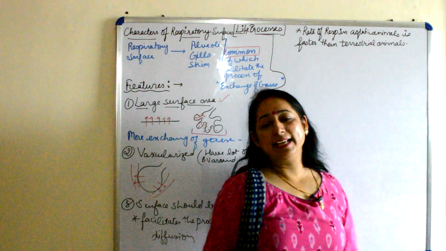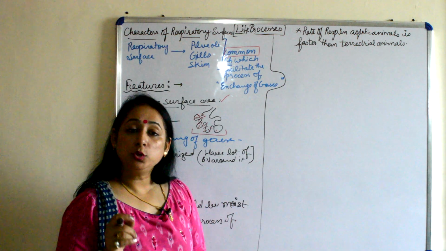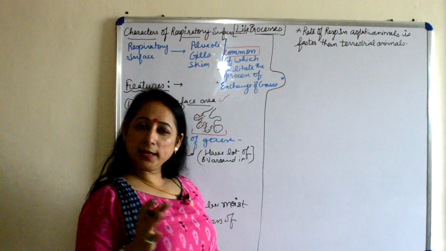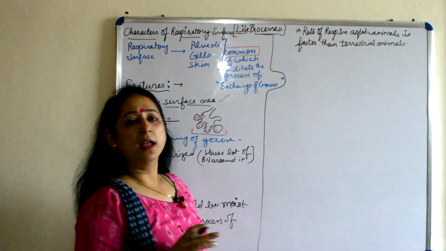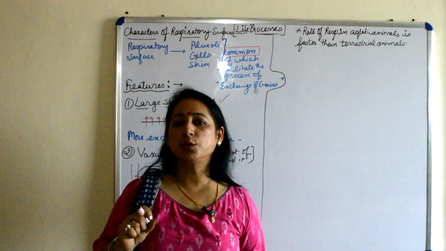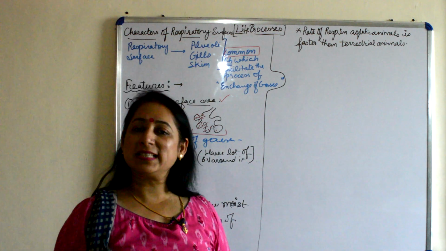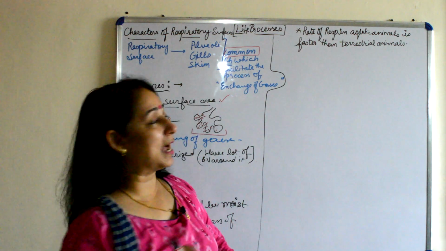Let's take up the next question which we have. Why is the rate of respiration in aquatic animals faster as compared to terrestrial animals? Now there are 3-4 reasons for that. Density of water is high and a low amount of oxygen is dissolved. It takes time to extract. But we have one specified here, so we will focus on that.